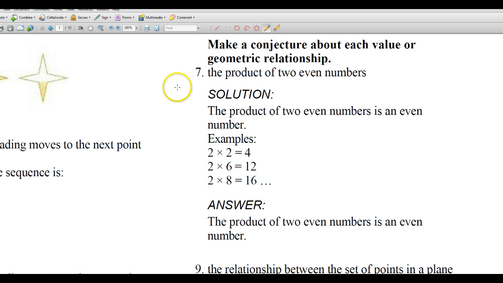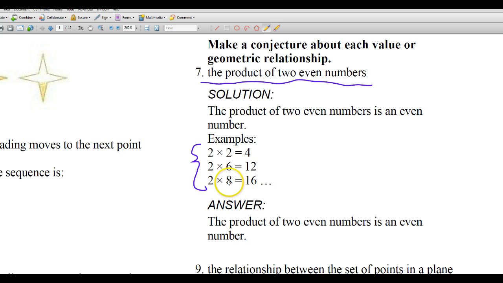For number 7, make a conjecture about each value or geometric relationship. And so we want to make a conjecture about the product of two even numbers. So the process here to make a conjecture is we have to look at specific examples. So product, multiplication, two even numbers. So let's take 2 times 2, we get 4. Take 2 more even numbers, 2 times 6, we get 12.